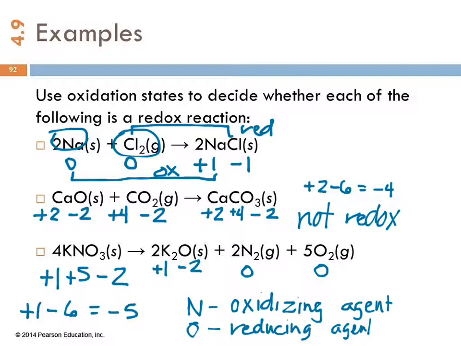And you don't have to do this that often, so what I recommend to you is just think through those steps like that. Because you could have questions about this: which element is being oxidized, which element is the oxidizing agent, is this a redox reaction? There's a number of different questions that could be asked. What's the oxidation number of potassium in the product? All kinds of different questions. Do you have any questions?